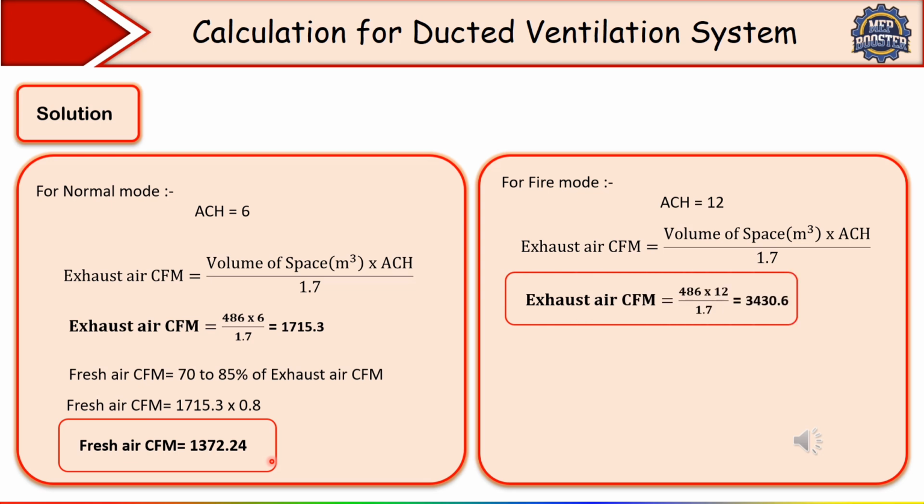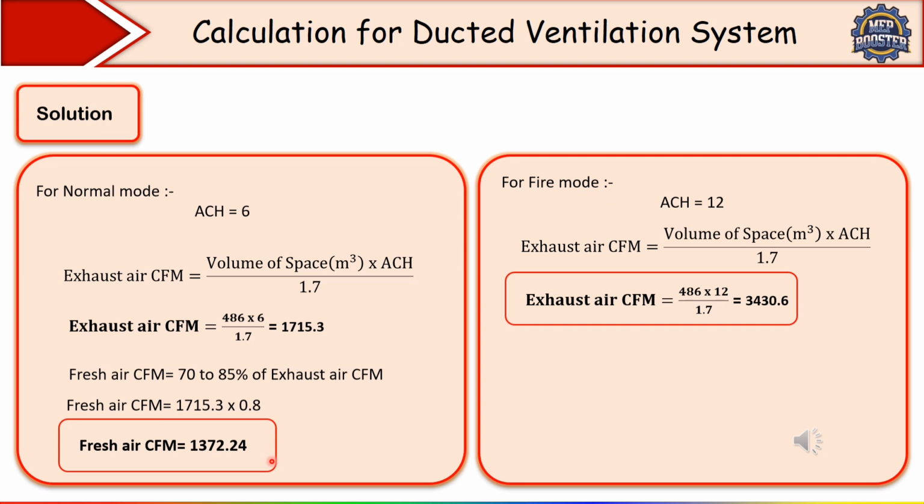Volume of space we have already calculated as 486, into ACH value 12, divided by 1.7. So finally you get the exhaust air CFM as 3430.6.